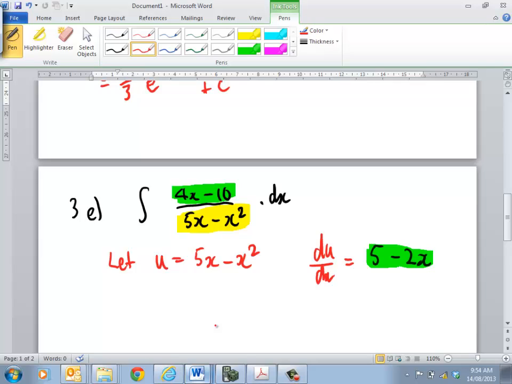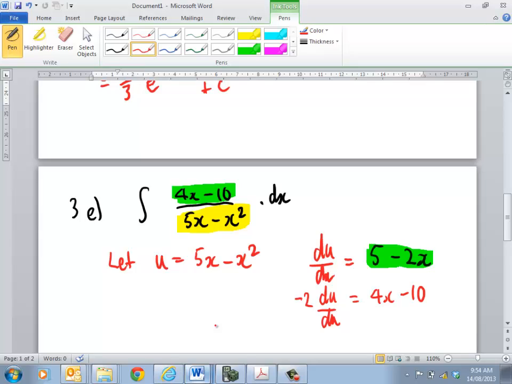Well, I have to times it by -2, wouldn't I? Is that right? Yeah, -2. So if I times that by -2, both sides, that's going to give me 4x take 10. Alright? So 4x take 10 is going to be like -2 lots of du dx.